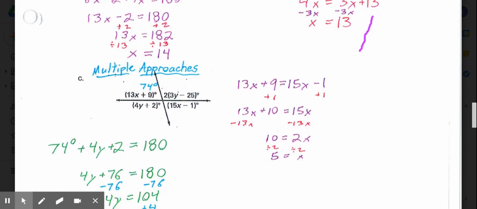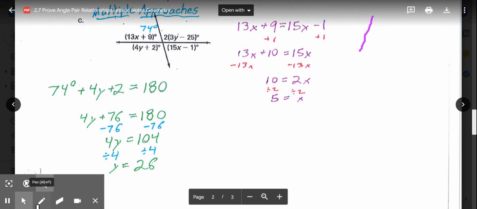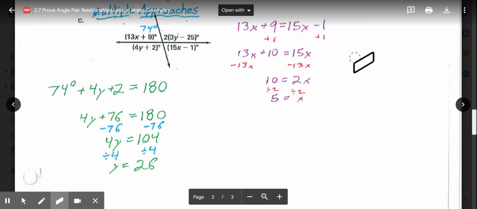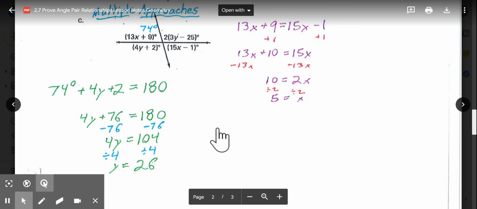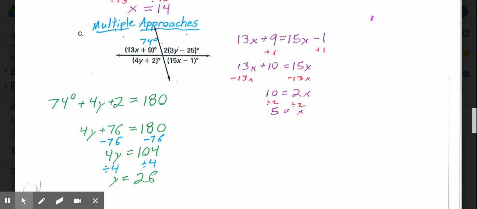And now in C, there are multiple different approaches to do this problem. What we want to keep in mind again is we're looking for our vertical angles or our linear pairs. In this case, I know that the two up here add to 180, and I also know that these two, the 13x plus 9 and the 15x minus 1, are equal to each other, or congruent.